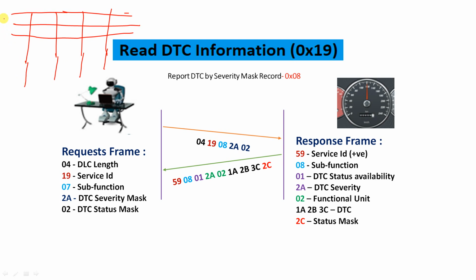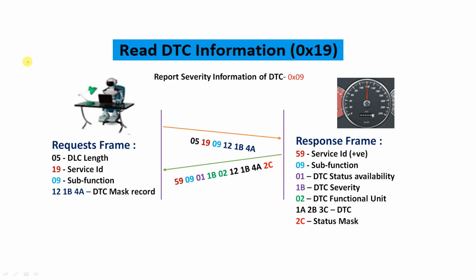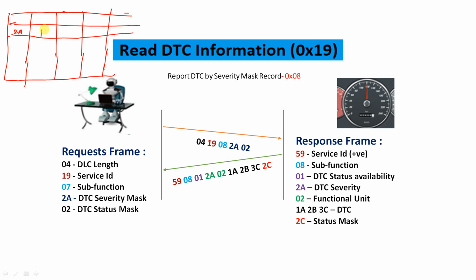In this table I'll have 2A, then 1B, then 3D, then 14. These are all the four severity mask records. Please don't look at this yet, so you can just understand this severity mask.